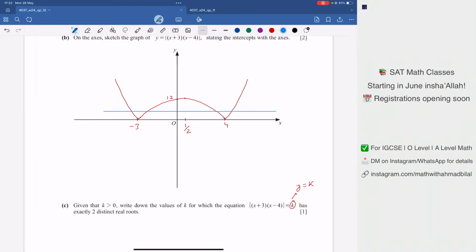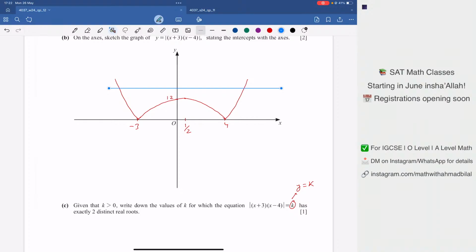How many points of intersection do you have with the curve? 1, 2, 3, 4. That's 4 points of intersection. That's not what we want. We want exactly 2 distinct roots. We can keep going up. At the turning point, we have 3 points of intersection. Above the turning point, we have exactly 2 points of intersection.